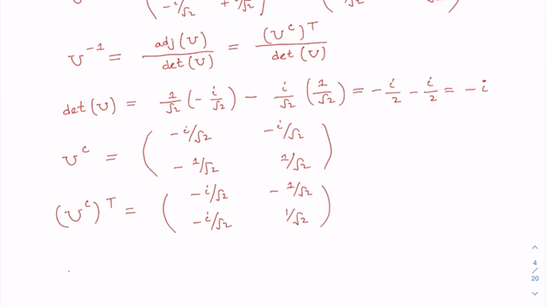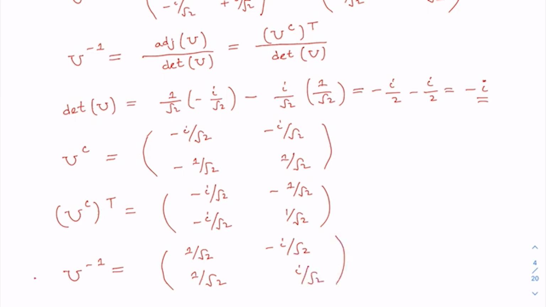And therefore, U inverse would be, you have to divide it by minus I, that is the determinant, and this will give us 1 by root 2, minus I by root 2, 1 by root 2, I by root 2.